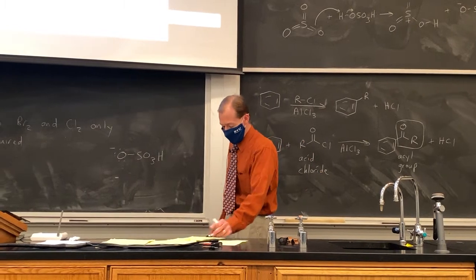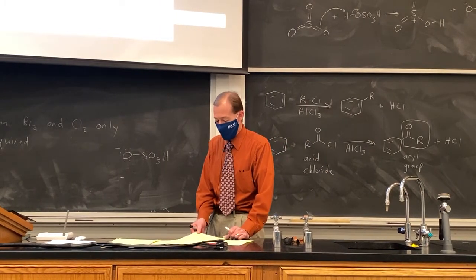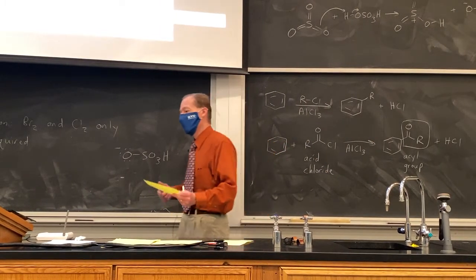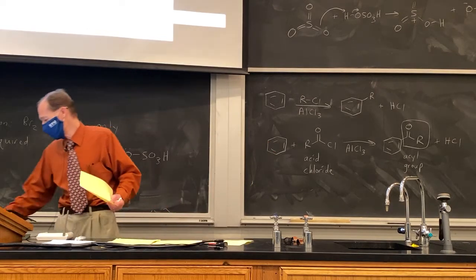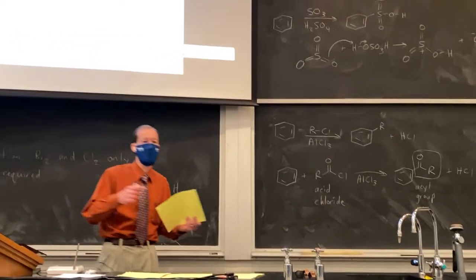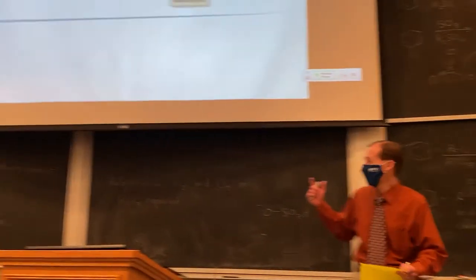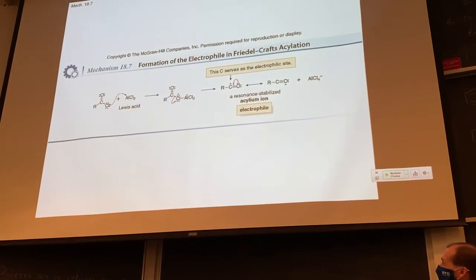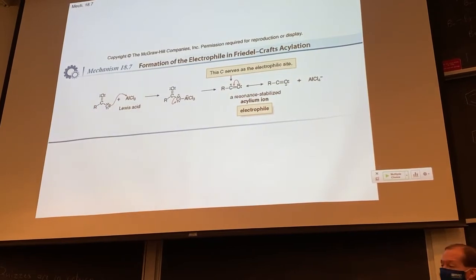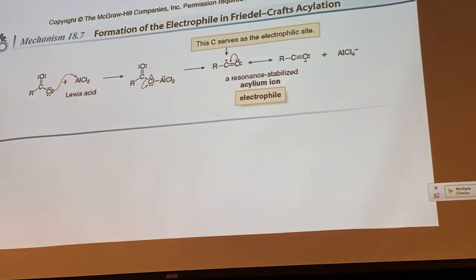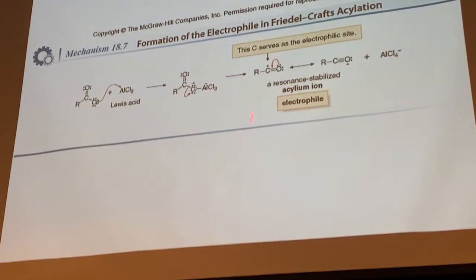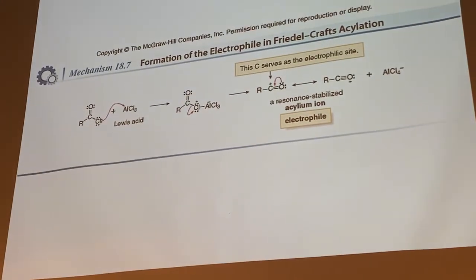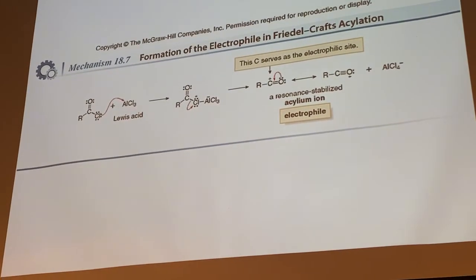Okay, so the way we generate the electrophile in the Friedel-Crafts acylation is similar, not identical, but it is similar. So let's look at it here on the screen. The Lewis basic lone pairs on the chlorine can attack the Lewis acidic aluminum, generating a Lewis acid Lewis base complex, similar to the ones we've seen before.